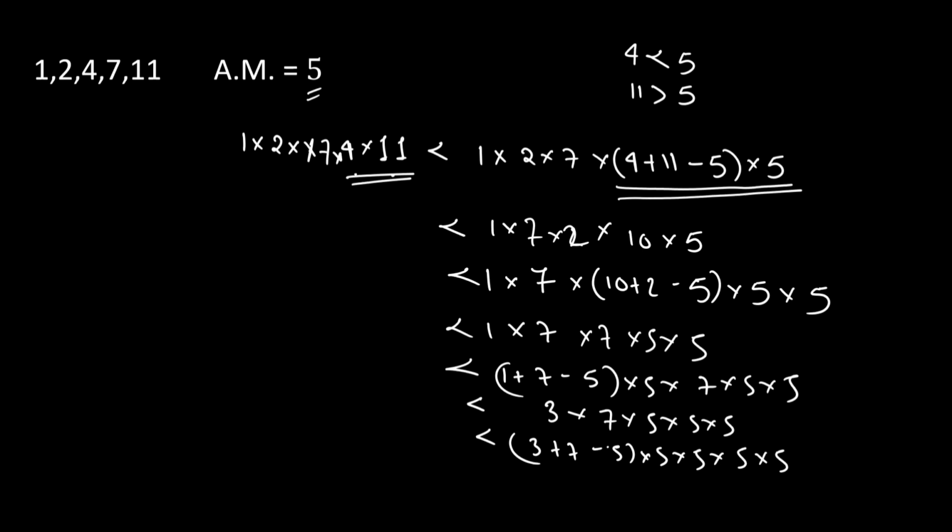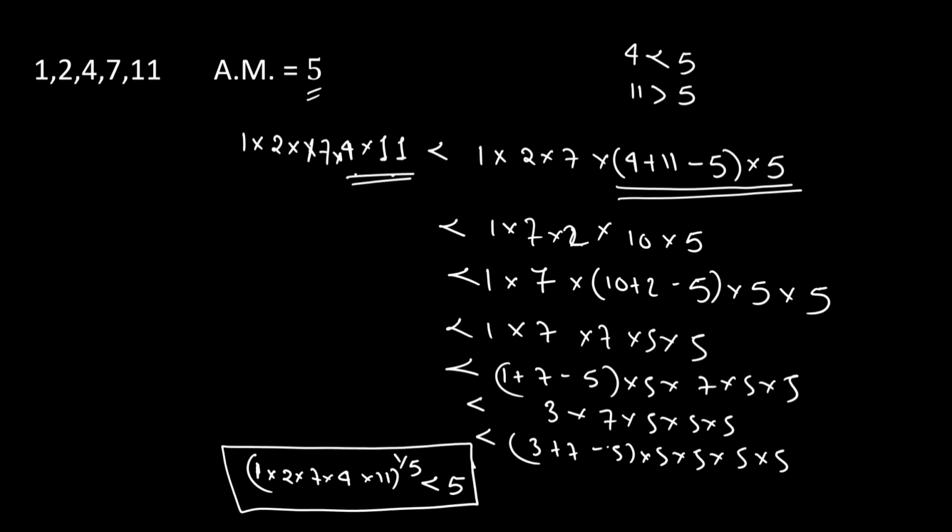So we find that (1 times 2 times 7 times 4 times 11) raised to the power 1 by 5 is less than 5. Here on the left hand side it is geometric mean, and on the right hand side it is arithmetic mean. We found that arithmetic mean is greater than geometric mean if numbers are unequal.